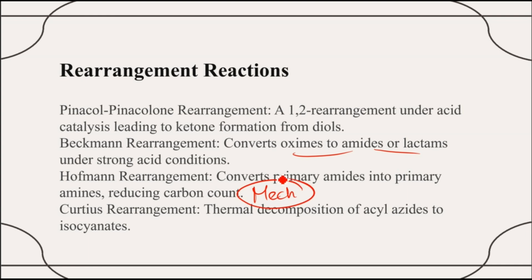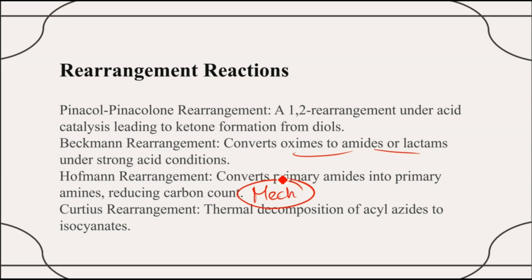The question can be asked from it; the product formation is easy, but the question can be asked more from the mechanism part. How the formation of N-bromoamide is happening, deprotonation to form the anion, rearrangement with the alkyl migration, hydrolysis to form the primary amine product, which can also be asked, which can be compared with the Curtius rearrangement.